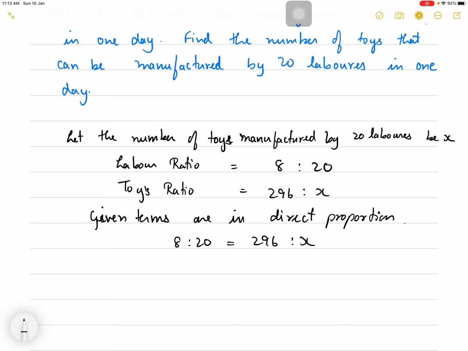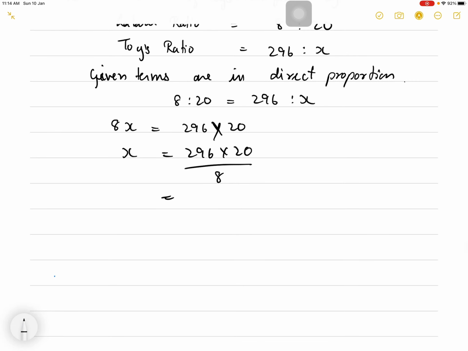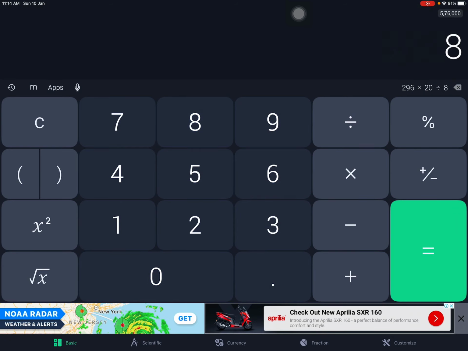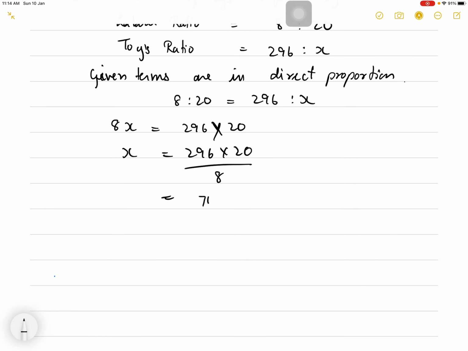Product of extremes is equal to product of means, right? So 8x is equal to 296 into 20. So x is equal to 296 into 20 upon 8. It comes to 740. So 20 laborers can manufacture 740 toys in a day.